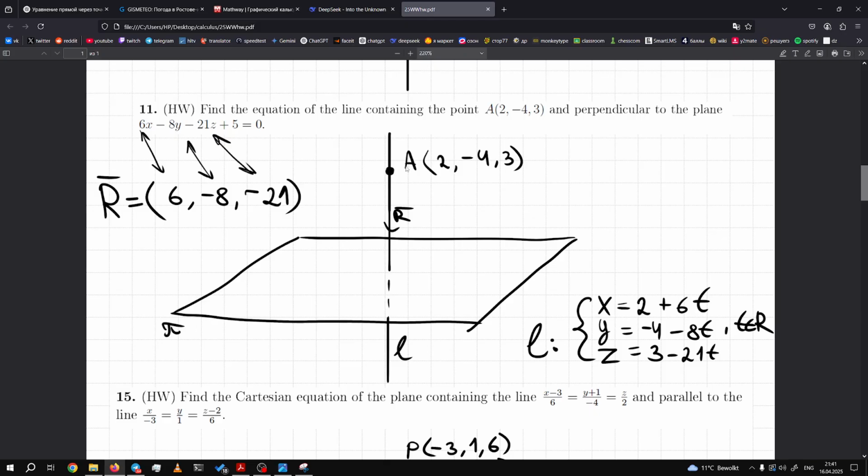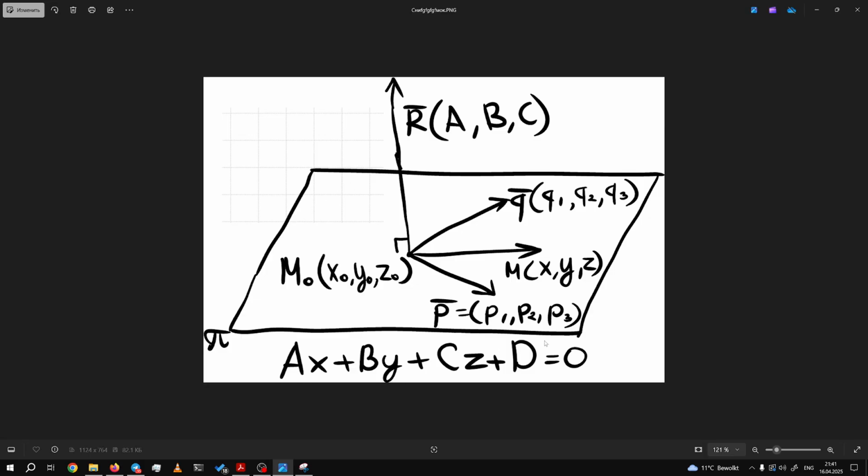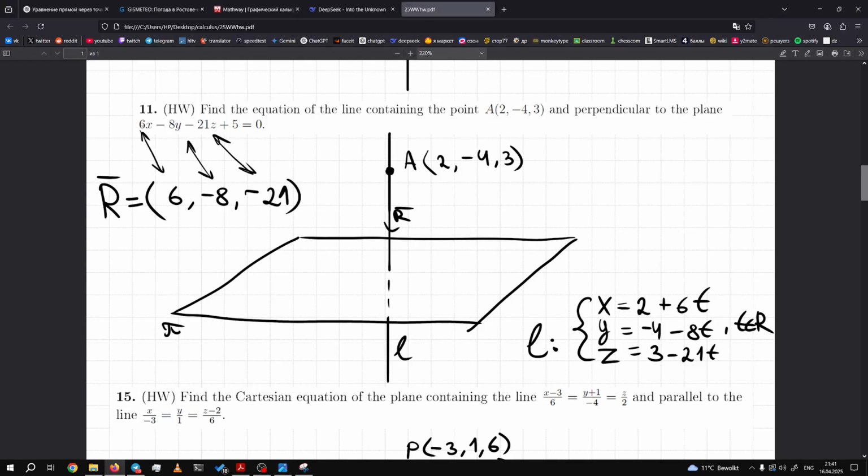This line contains point A, and this line is perpendicular to the plane. But look, you remember, right, that if you have a plane given by a Cartesian equation, then the normal vector has coordinates a, b, and c. So this is actually the coordinates of this vector. Look, we can write it. Once again, we have a point and a directional vector.